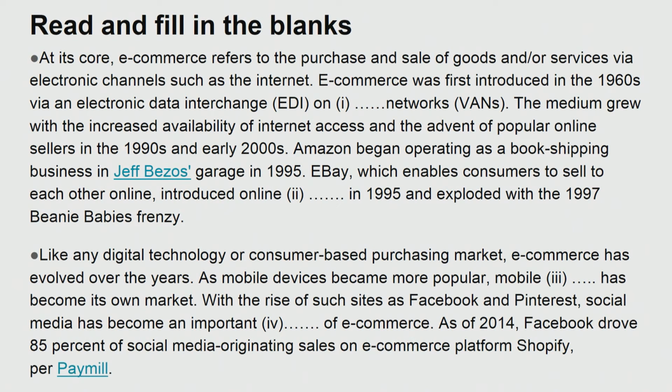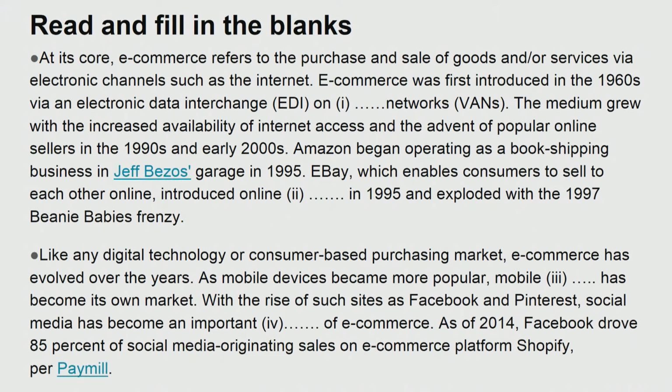At its core, e-commerce refers to the purchase and sale of goods and or services via electronic channels such as the internet. E-commerce was first introduced in the 1960s via an electronic data interchange (EDI) on, and this is your first blank, dash networks (VAN).